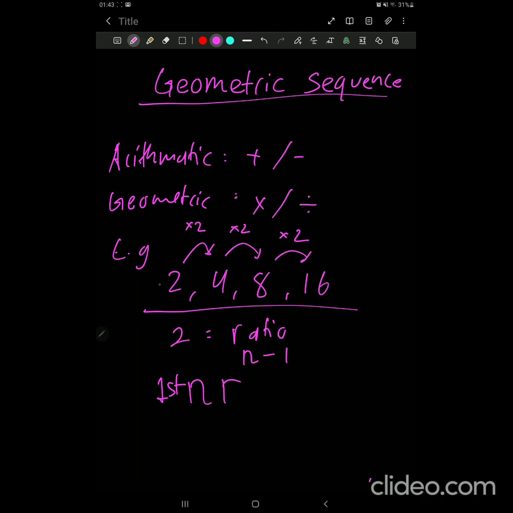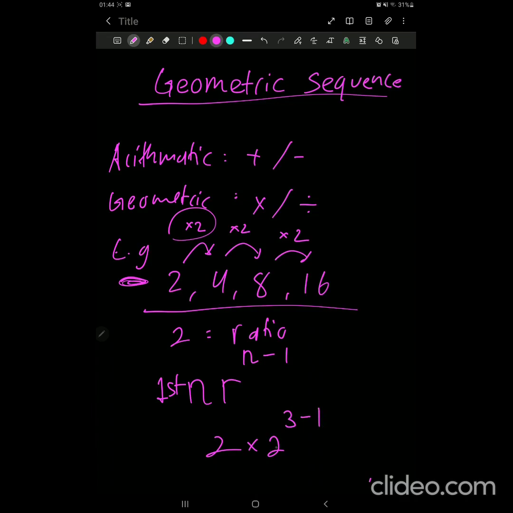For example, let's find the formula for this sequence. The first term is 2, times r, the ratio is also 2. Let's say we want to find the third term. Let's replace n with 3 minus 1.